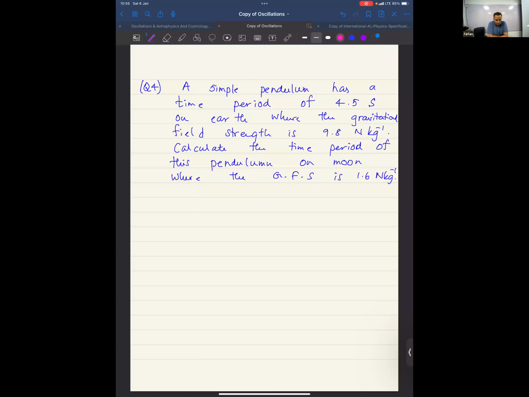Calculate the time period of this pendulum on Moon, where the gravitational field strength is 1.6 newtons per kilogram.